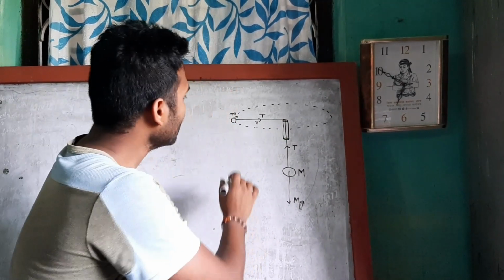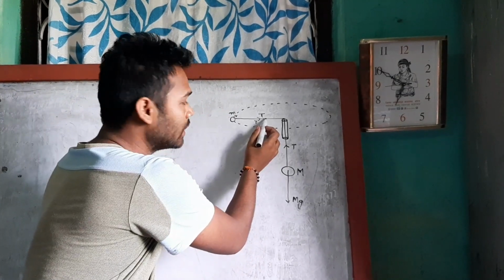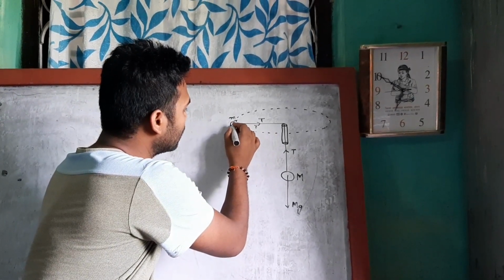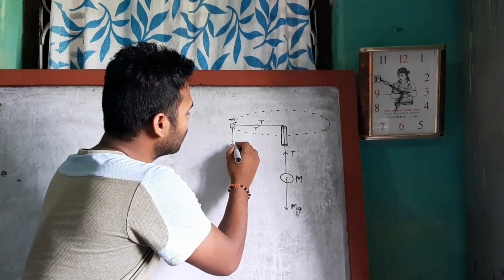One force is tension in the string, and the next force is this m g downward.